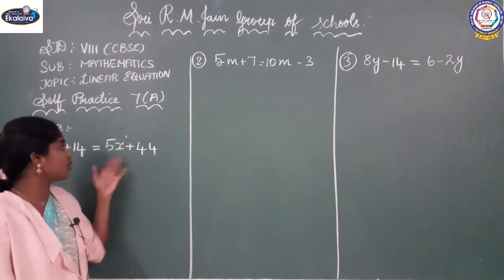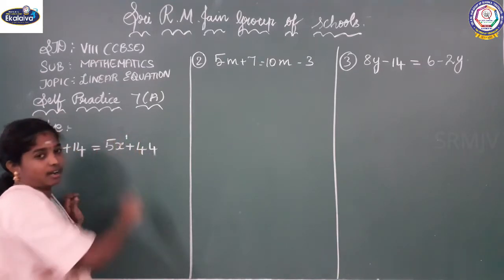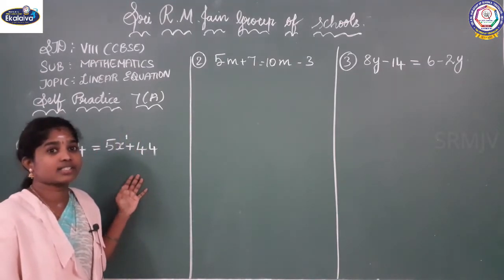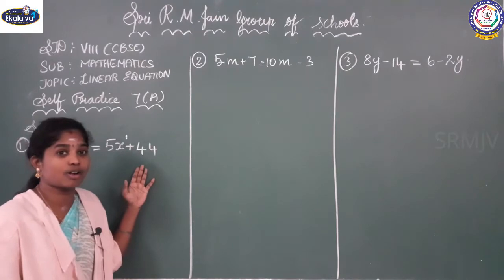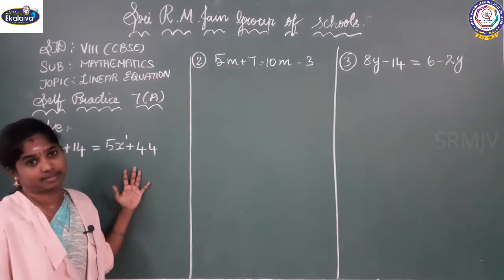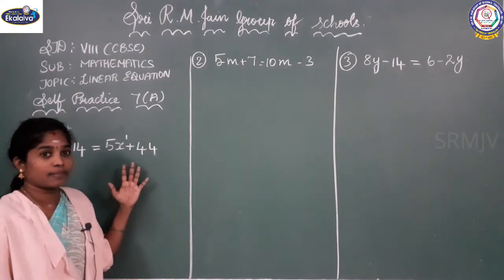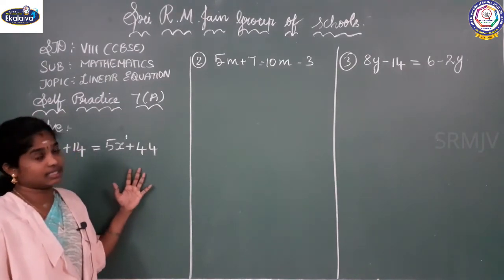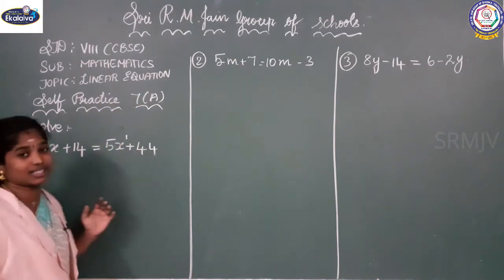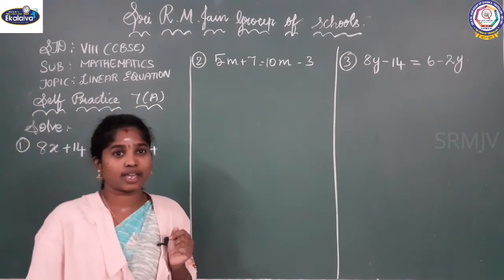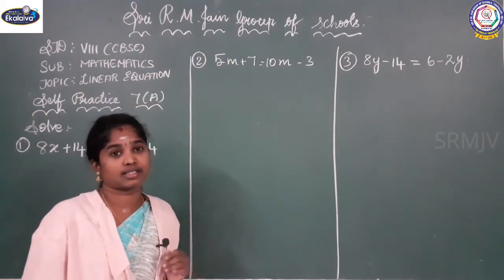So, the degree is 1 now. If the degree is 1, then it is called linear. So you can understand what is linear equation now. Okay, shall we go into the exercise?